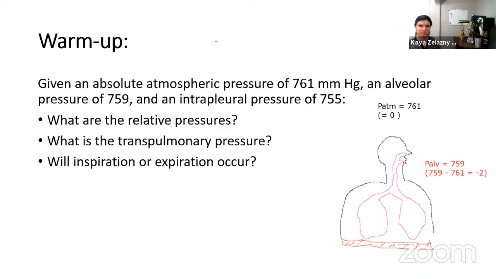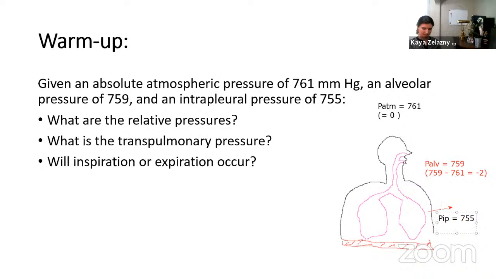So our final pressure that we're looking at is the intrapleural pressure. So we know that that's the pressure in this space, right, between the chest wall and the lungs. So in this space where our visceral and parietal pleura are rubbing up against each other and we have a little fluid. So that pressure in that space, we start out with our PIP equal to 755. All right, so that is our absolute pressure here.